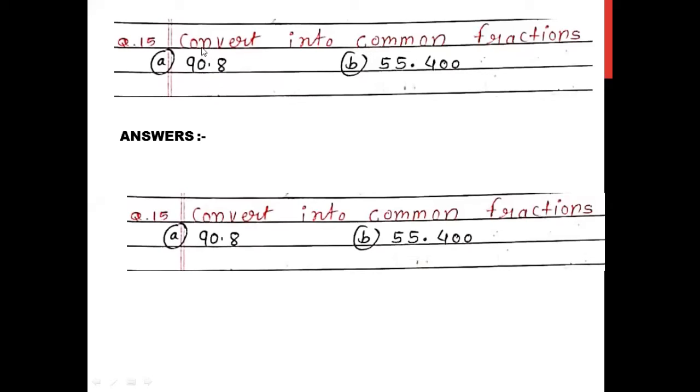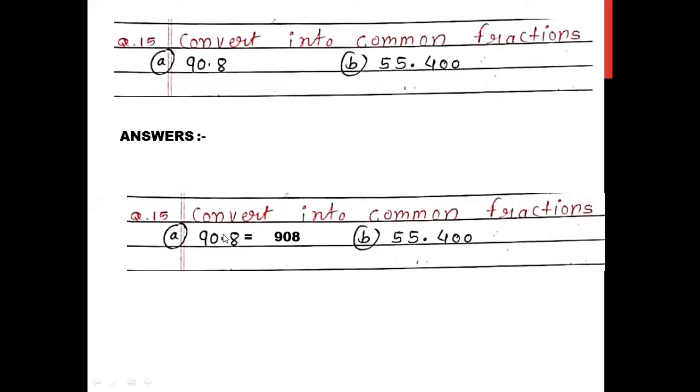Clear? So you have to write the number on the numerator place. 198. And one decimal place, that's why you have to take the 1 with the 1. Power of 10. The number without decimal point is 198.